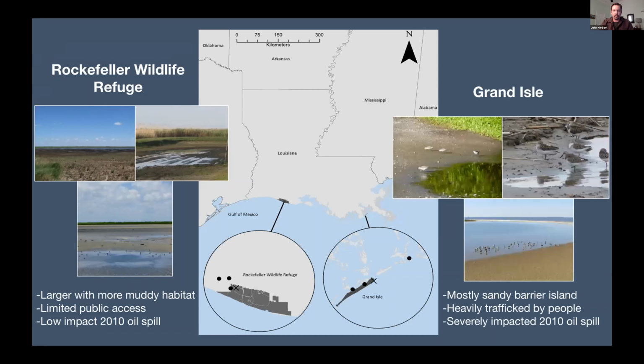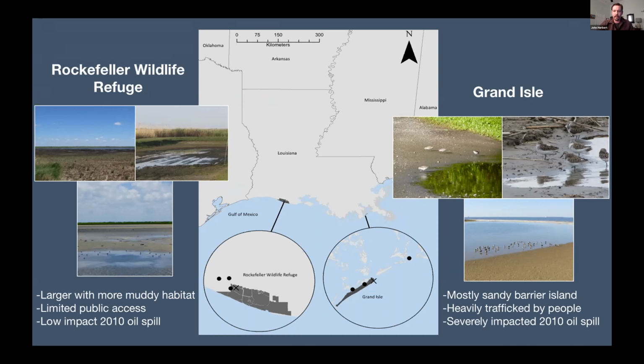And then our second site, Grand Isle, is a barrier island on the Gulf Coast. It is mostly sandy and has some marsh habitat, and it's heavily trafficked by people. It's a public beach, so there's a lot of people using the same habitat as shorebirds. So the shorebirds are being pushed around a lot more than they would at Rockefeller. There's not much muddy habitat.